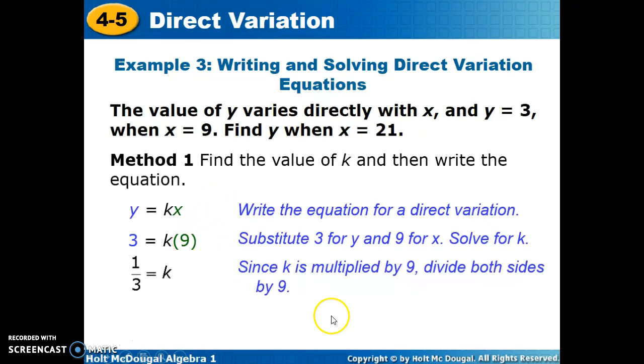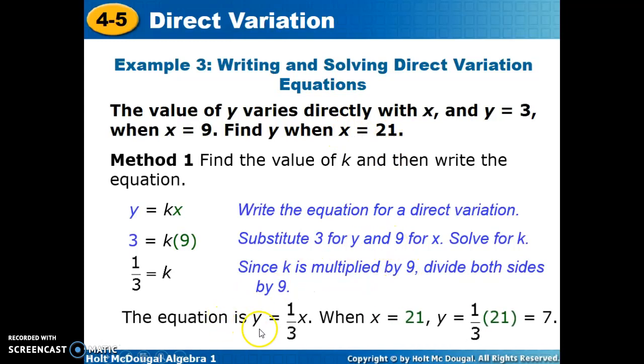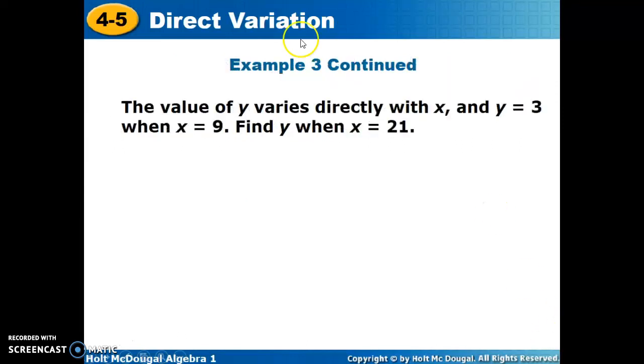Dividing both sides by 9, k is 1/3. It says find y when x is 21. We're going to rewrite our function, y equals 1/3 x. When x is 21, we're going to take 1/3 of 21 and locate our direct value, 7. Now you try.